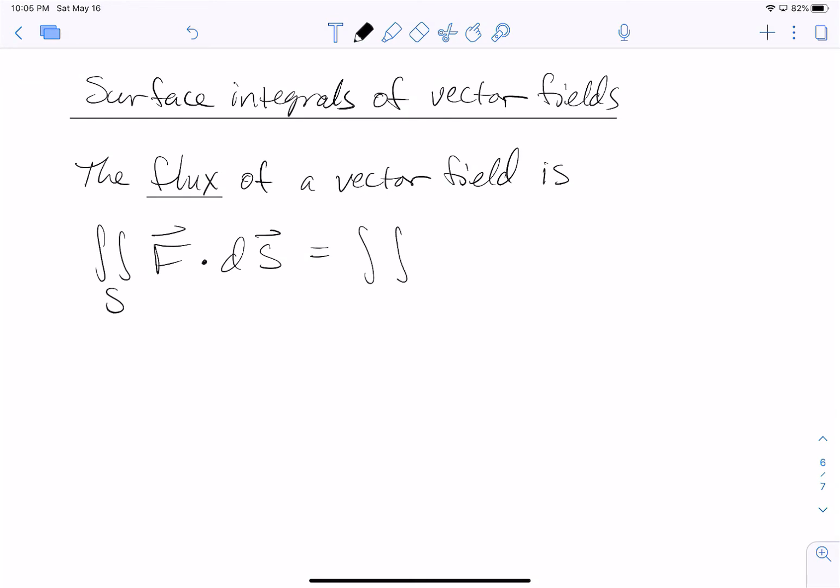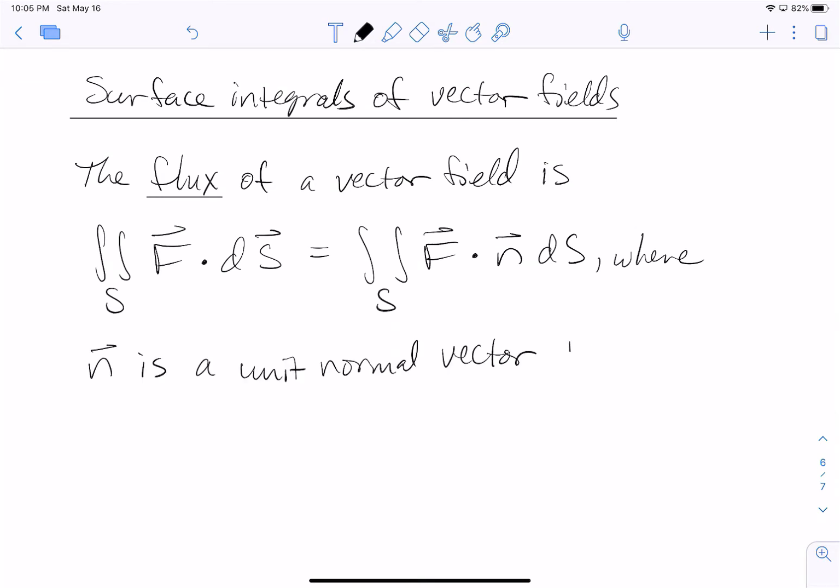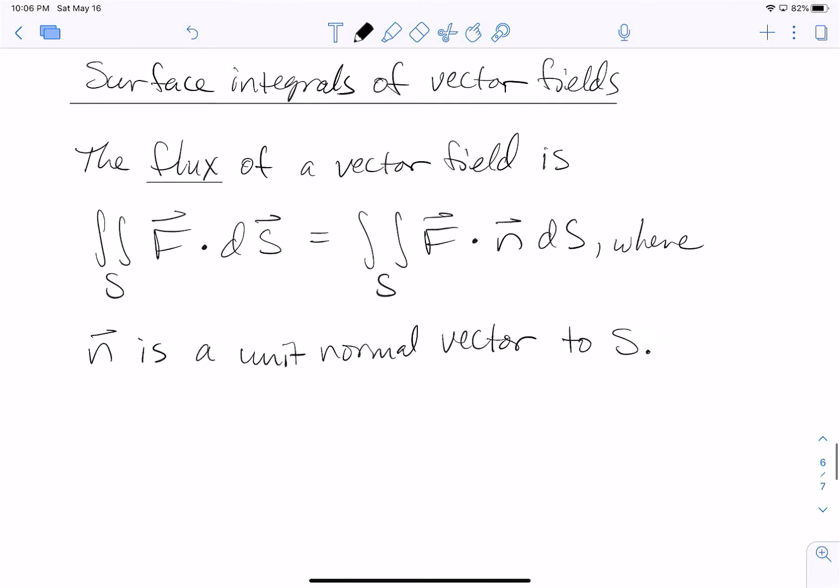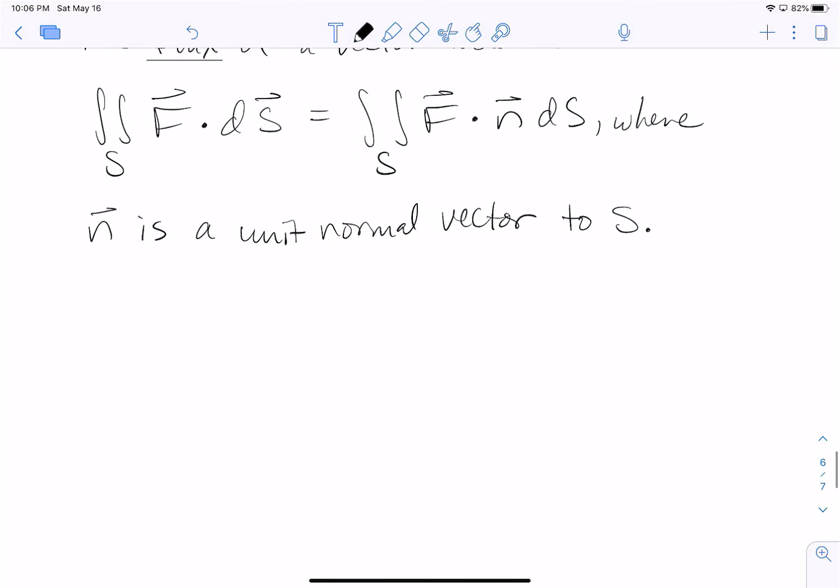And it equals the surface integral over S of F dot n dS, where n is a unit normal vector to the surface S. Now we have to stop and talk about this unit normal vector.